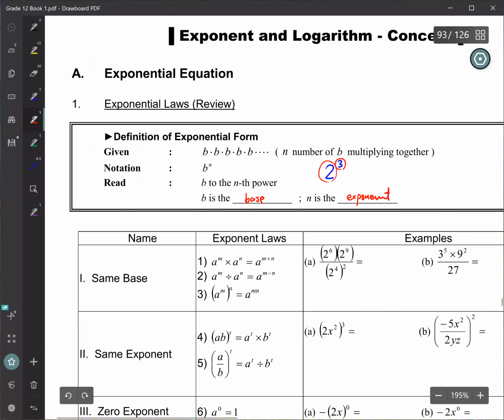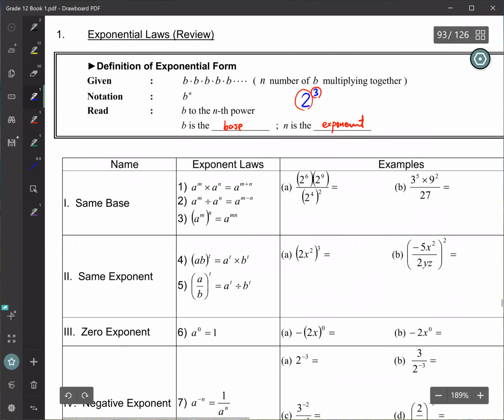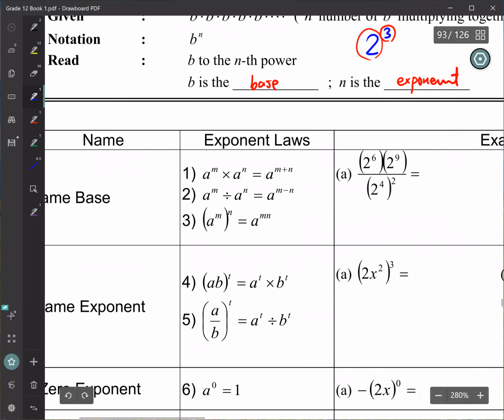All right, so we have some of the rules that you learned before. The first rule is for having the same base. If the bases are the same, a and a, and then the exponents, you add them together.